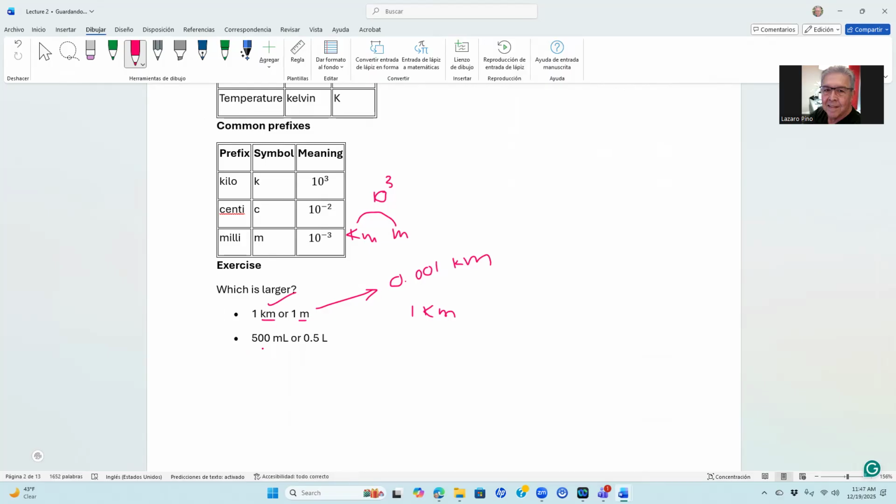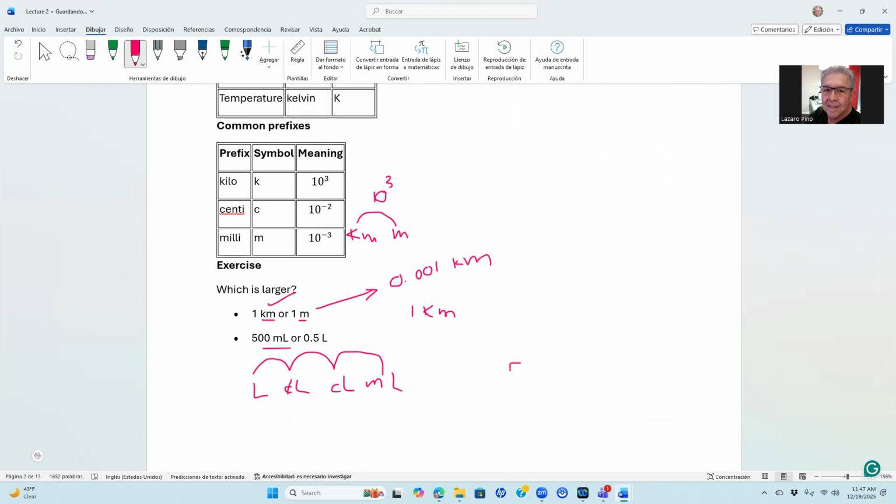Do the same thing with this: change milliliter into liter. As you can see, here is liter, deciliter, centiliter, and milliliter. If you are in milliliter, you have to divide by 10, 100, 1,000.